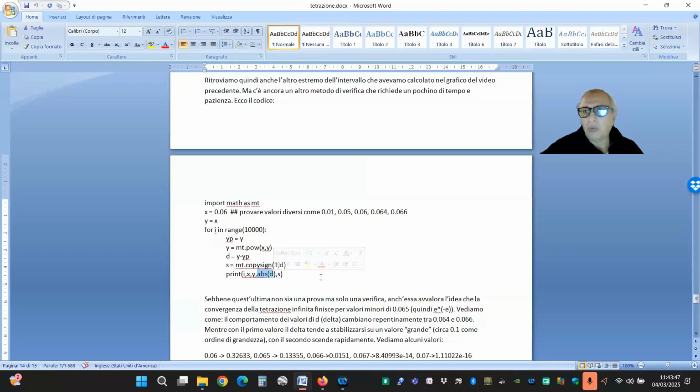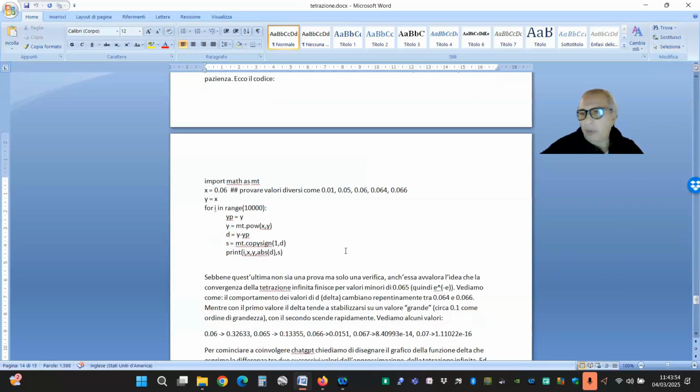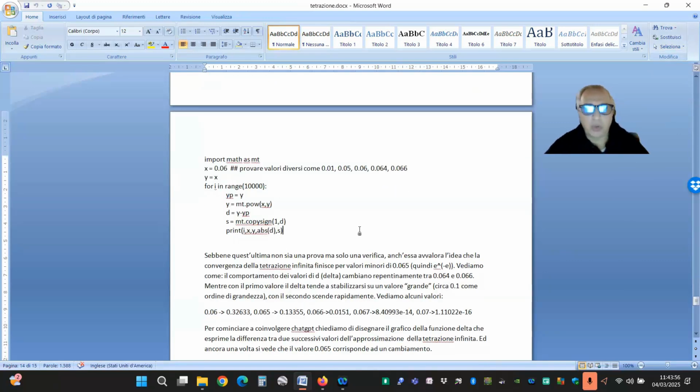Let's say this is the best method to see the trend of this curve. Obviously it is clear that everything we do from a graphical and numerical point of view is not an analytical proof. So it cannot be taken as proof in the strict sense, but it can always give us useful information. So let's go and see what happens.